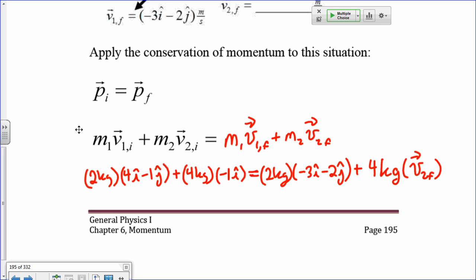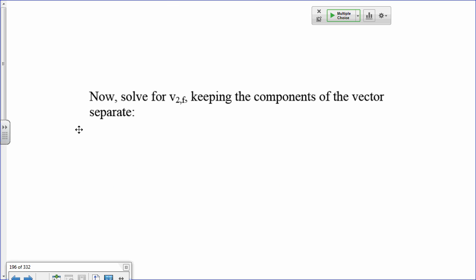When I do 2 times 4i, that's equal to 8i, because I can multiply a scalar times a vector, and it just increases the magnitude of the vector. And then I get here a negative 4i, so I have 8i and negative 4i. So I can combine those to give me just positive 4i. 8i minus 4i is equal to 4i.